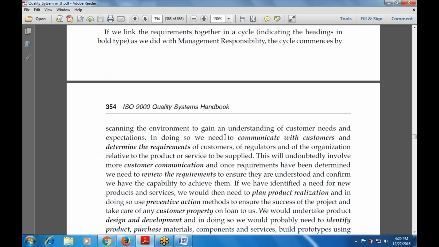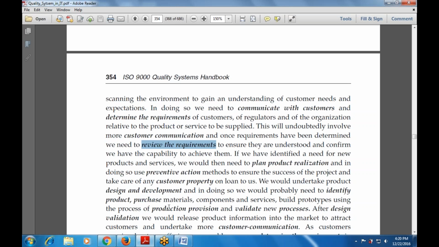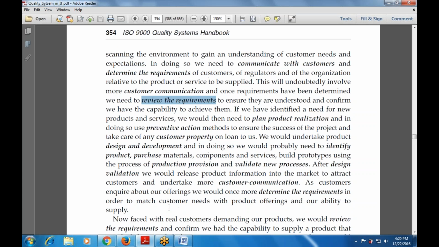Now, when we say that we need to communicate with the customers and determine the requirements of the customers, regulators, and the organization relative to the product or the services, that should involve more customer satisfaction communication. And once the requirements have been determined, we need to review the requirements for the planned product realization, to identify the process of the product provisions and validate the new processes.